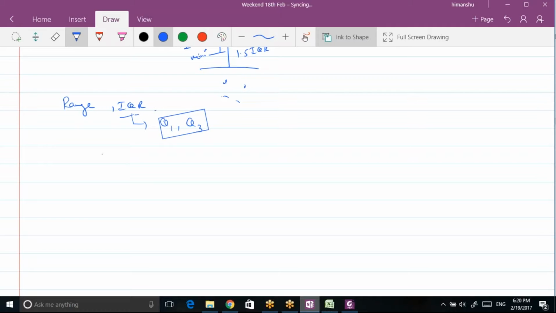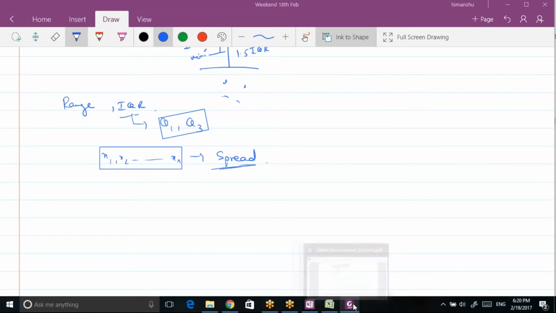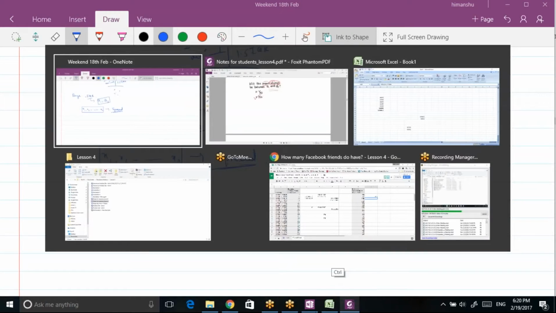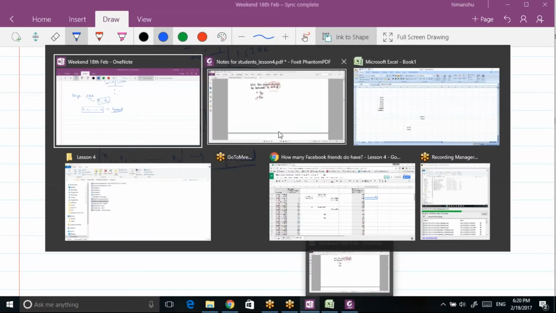So if I have x1 to xn, I want a method which includes all these values to find out my spread. Now what should it be?